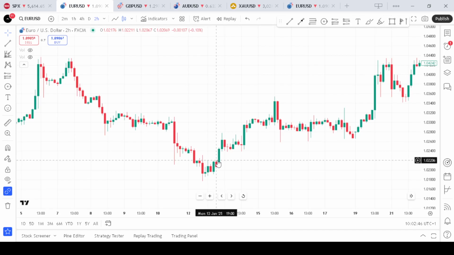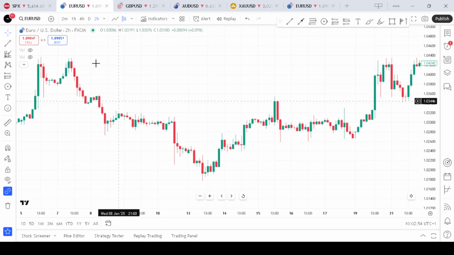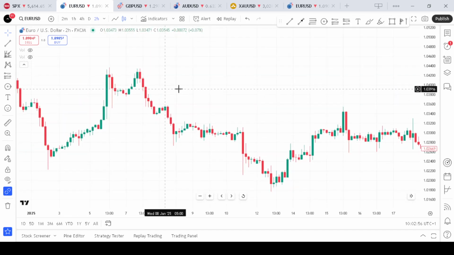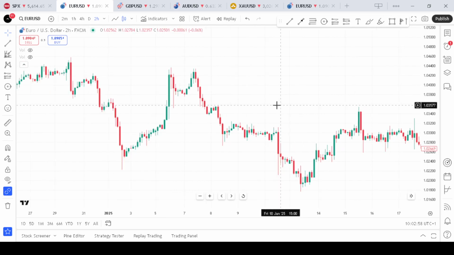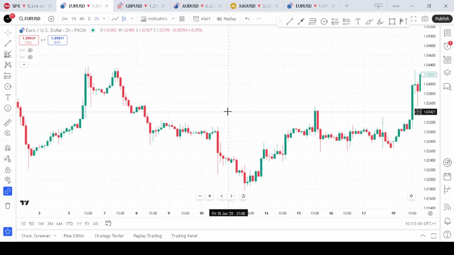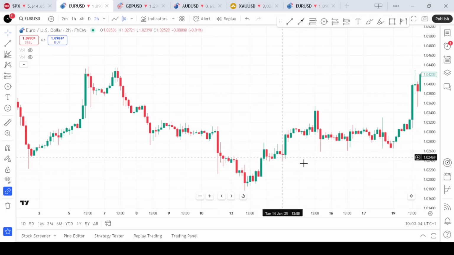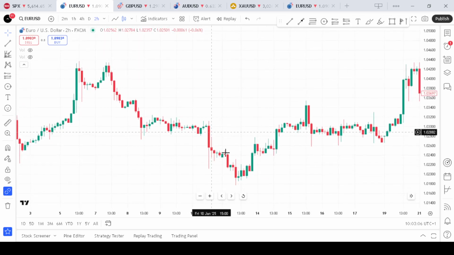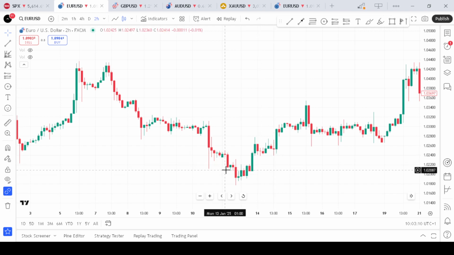There are some key characteristics you also need to know. The tower bottom pattern typically forms at the end of a prolonged downtrend. Secondly, it indicates that sellers are losing momentum and buyers are about to dominate.